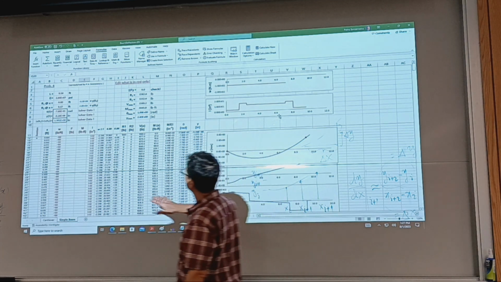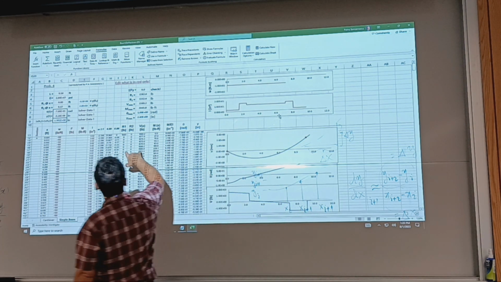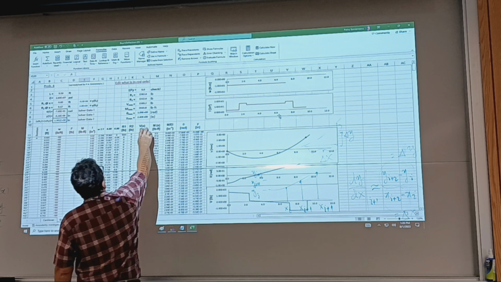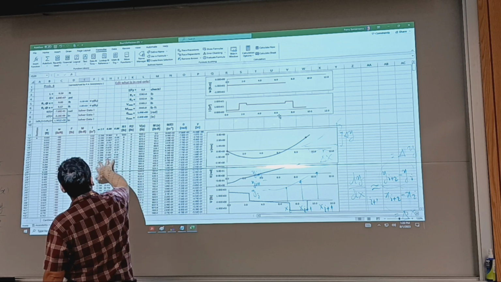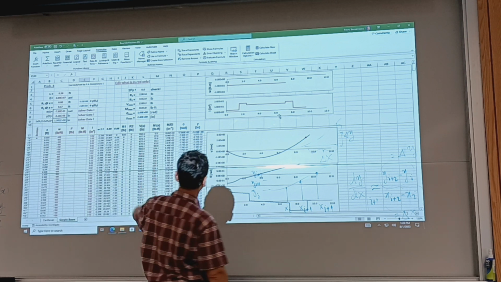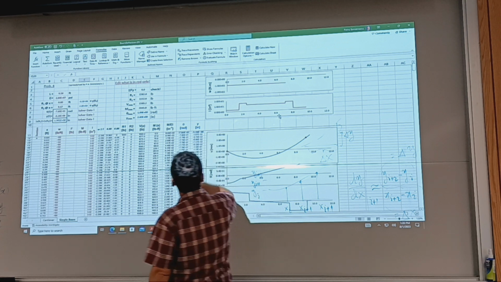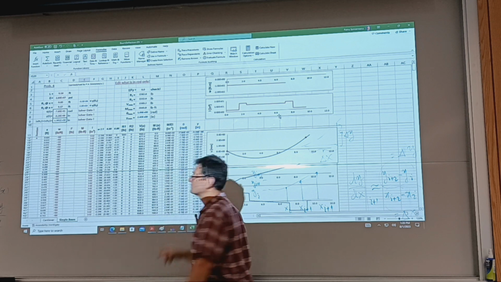And everything else is done by the spreadsheet in order to calculate. So it calculates the reactions of the supports. You see them there by itself. And then it plots shear force and bending moment diagrams. And then I have the slope and I have the displacement.